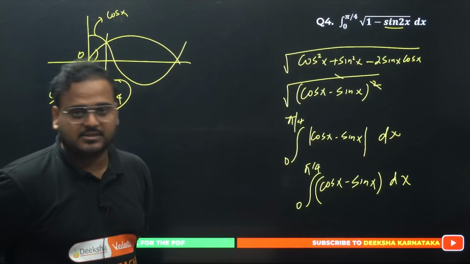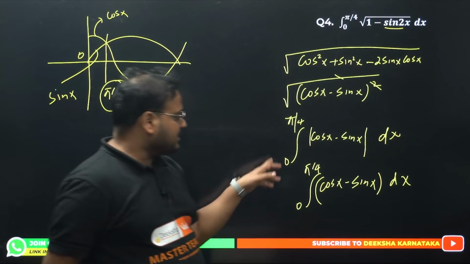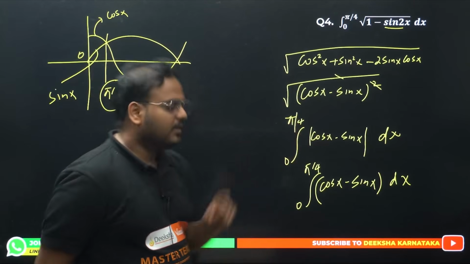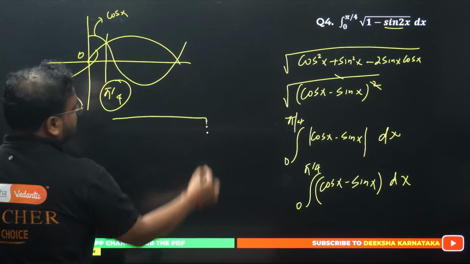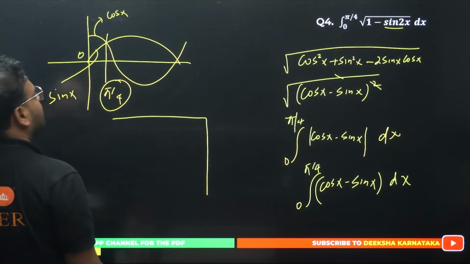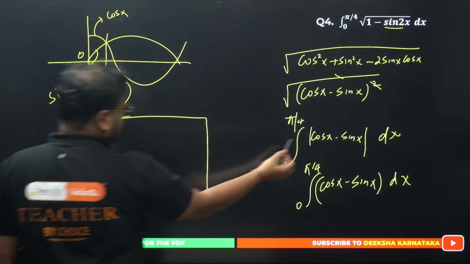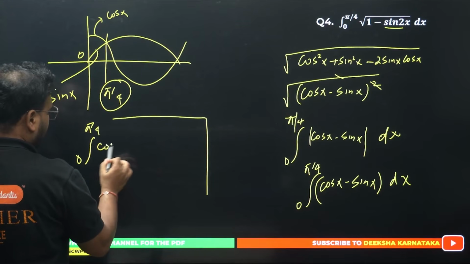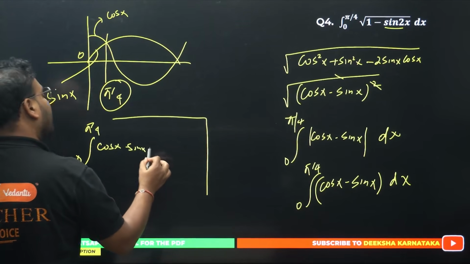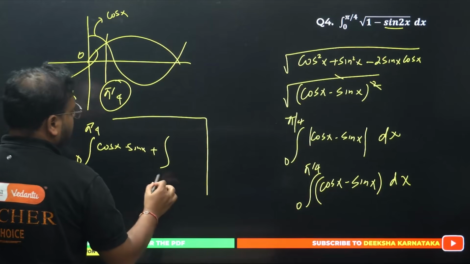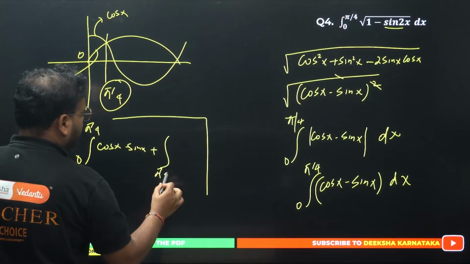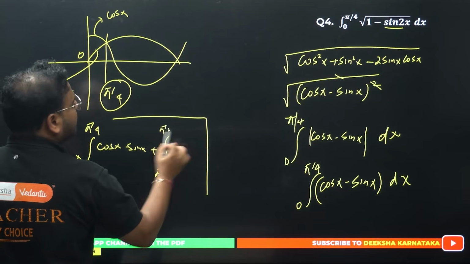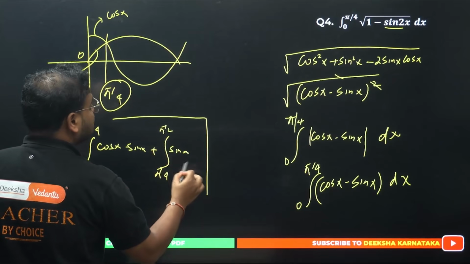I've taken a question like this. Okay, so if it was, let's say, 0 to pi by 2, understand, it's very important. If it was 0 to pi by 2, what will happen then? I have to break this into 0 to pi by 4 cos x minus sin x, plus pi by 4 to pi by 2 sin x minus cos x.